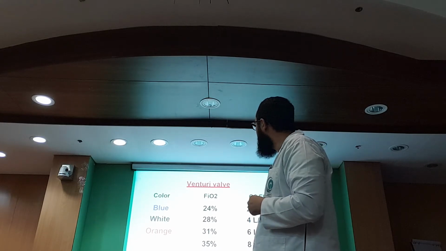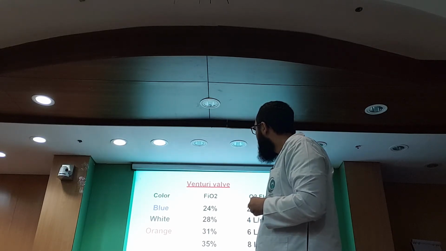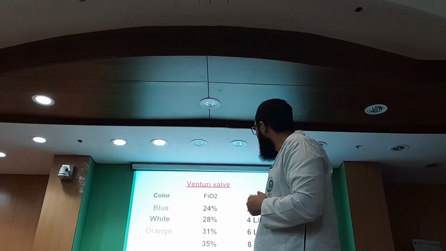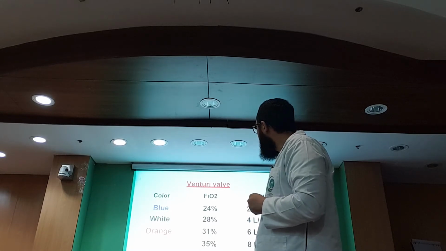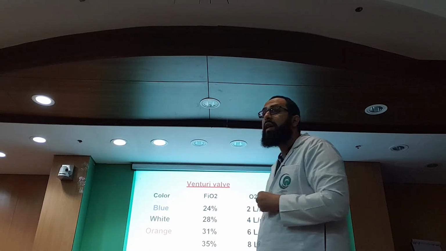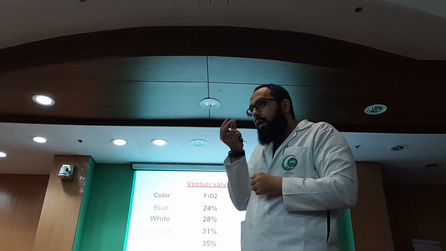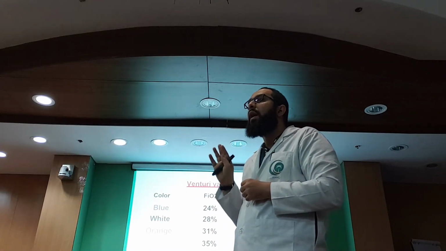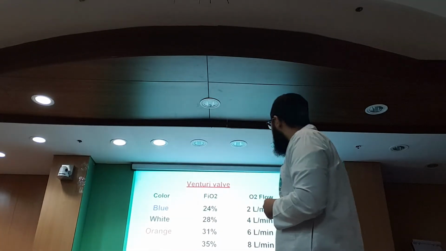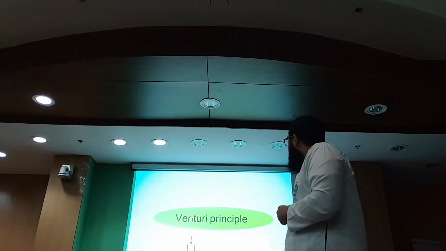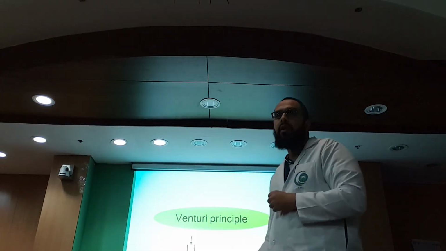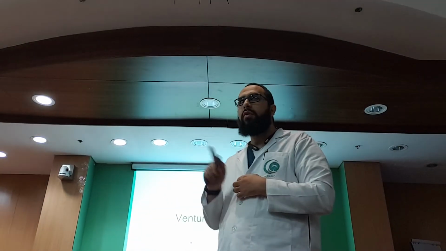The white one will give you 28% at 4 liter, and the green one will give you the highest, 60% FiO2 at 15 liter. So you have to see how much flow you need if you want to achieve this FiO2. Okay. There is something called the Venturi principle. The Venturi mask works on the Venturi principle.